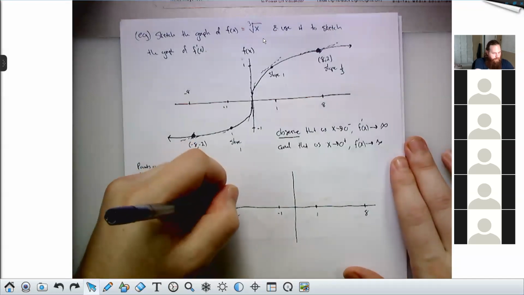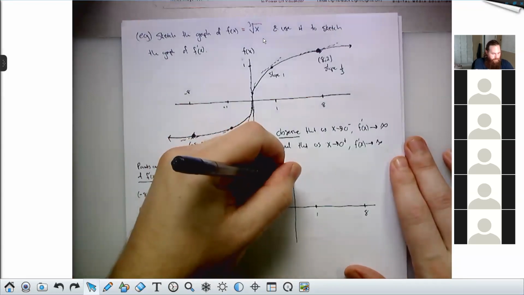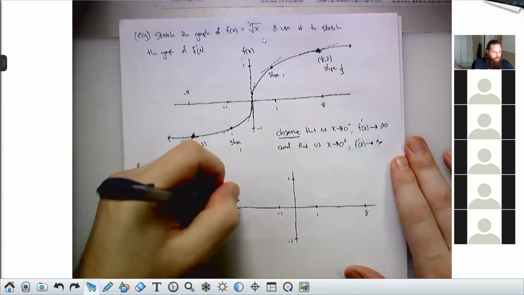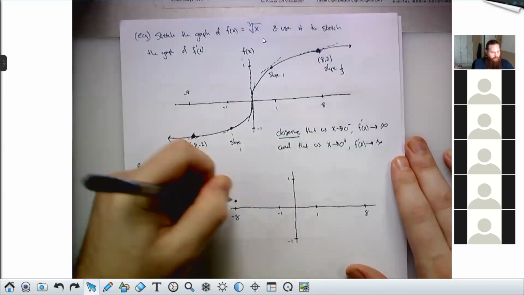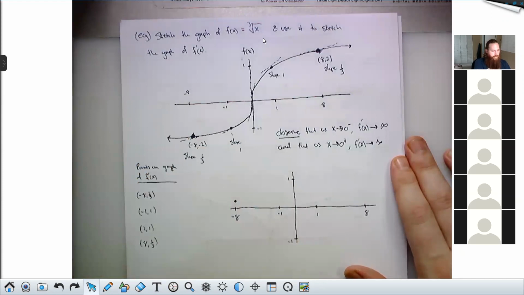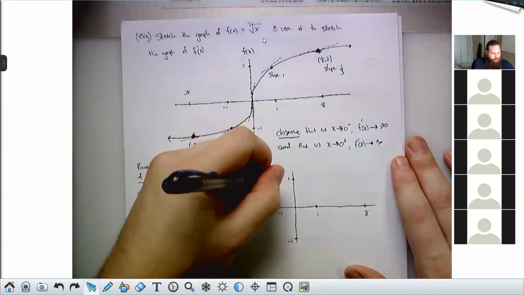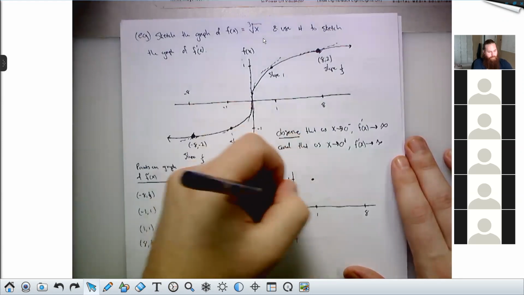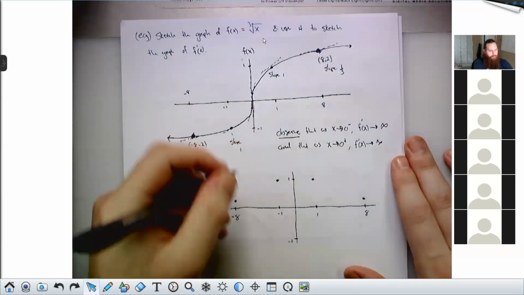I'll mark this as like 1 and this is like -1. So (8, 1/3) is like right here. (-8, 1/3). (-1, 1) is like up here. (1, 1) is like right here, and (8, 1/3) is like right here.